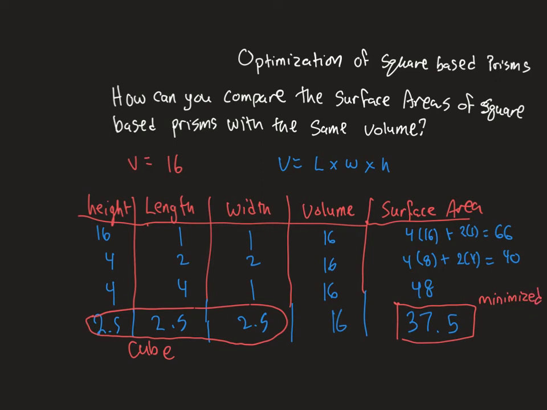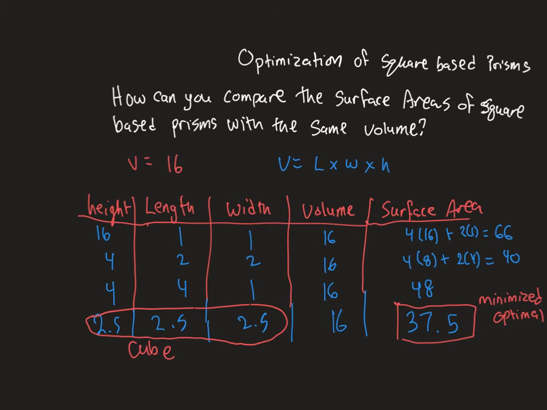So you got the minimum surface area by making your length, your width, and your height the same. This is also what we would call the optimal surface area. Okay? So, what should we be doing here? We should always make sure that we have the same length, width, and height. So how would I do this?